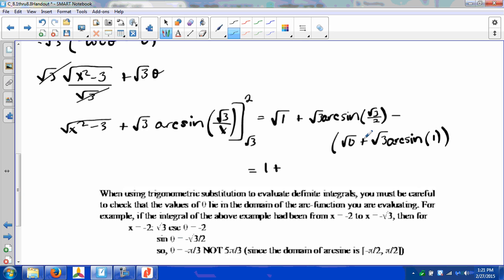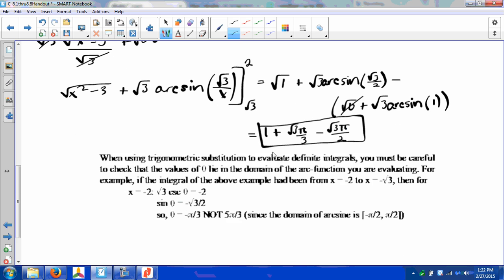That would be in quadrant 1, pi over 3, so that would be root 3 pi over 3 minus, and that's 0, and then where is sine 1? Straight up at pi over 2, so root 3 pi over 2. And you can join them together if you want, but I don't want to.